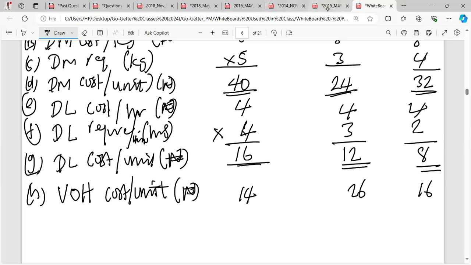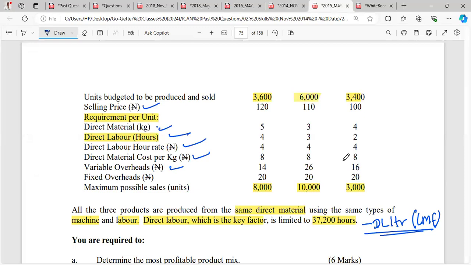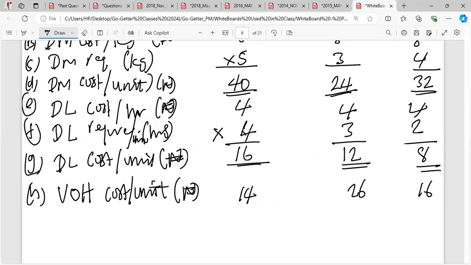14, 26, and 16. We will ignore the fixed cost for now because they operate marginal costing and we are looking for contribution. So fixed cost does not come in here. So we'll double underline this now. This is H. I is going to be contribution per unit.